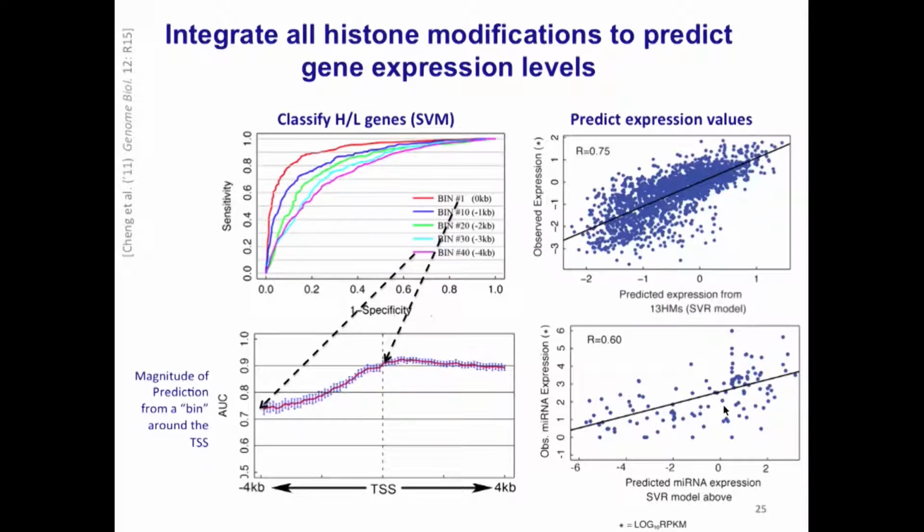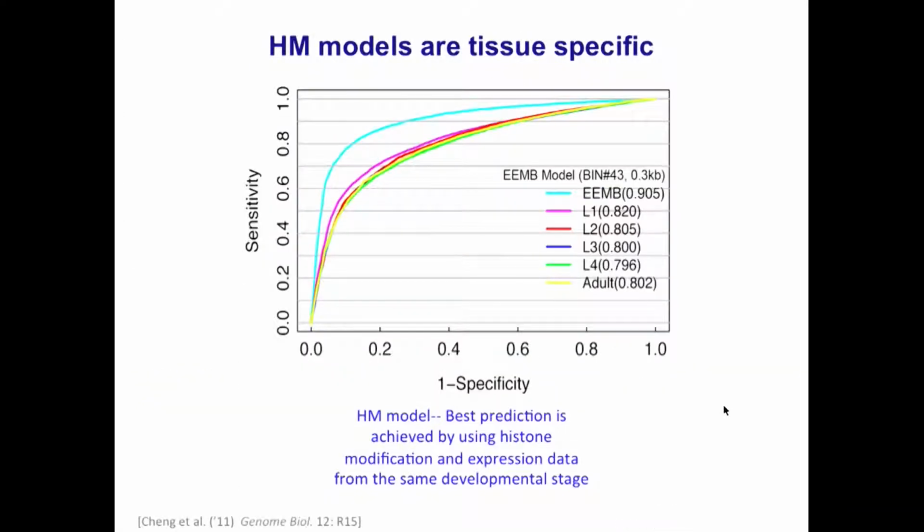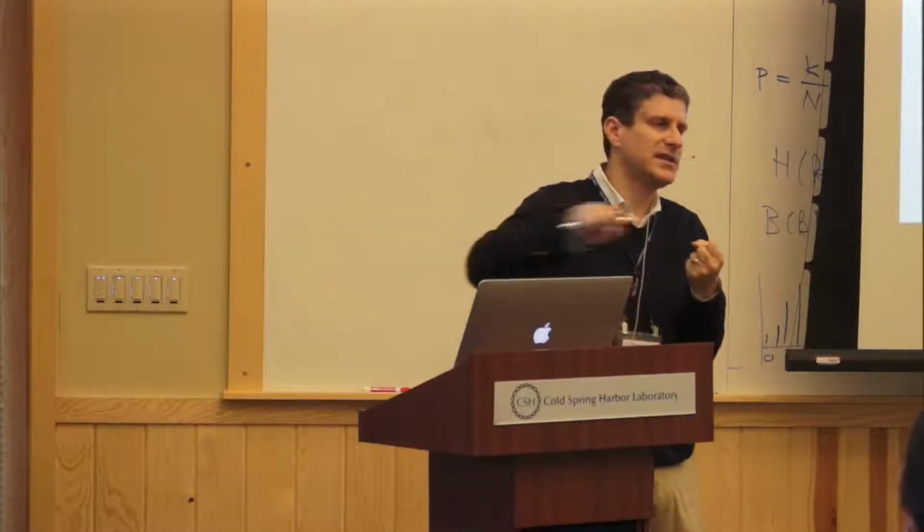Another game that you can play, which is kind of fun: the way I've described it, with the histone marks we have the gene expression in a particular type of cell. But you could take the epigenetics on one cell and try to predict the gene expression on another cell.